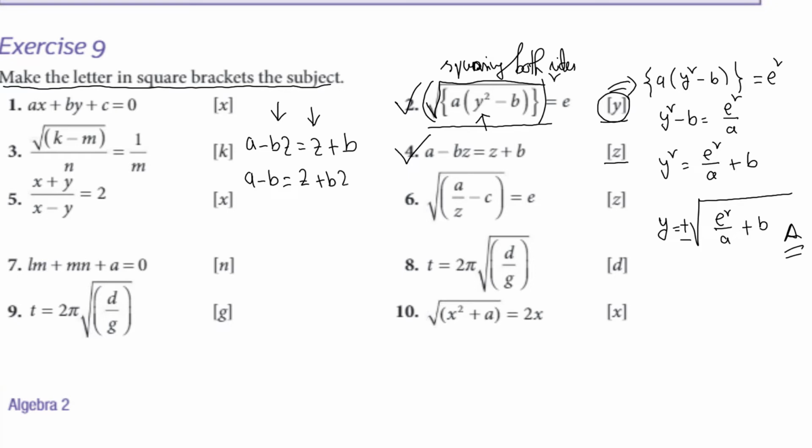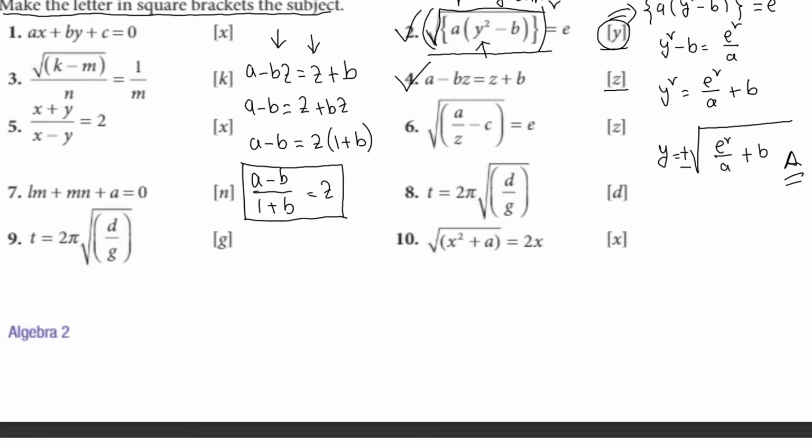Now if we take z common, the part remaining is 1 plus b, so we can write a minus b divided by 1 plus b equals z. So this is making z the subject in this expression. So that is the total working.